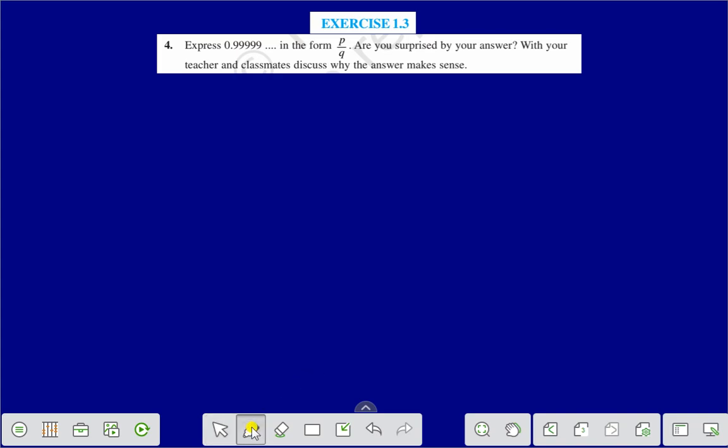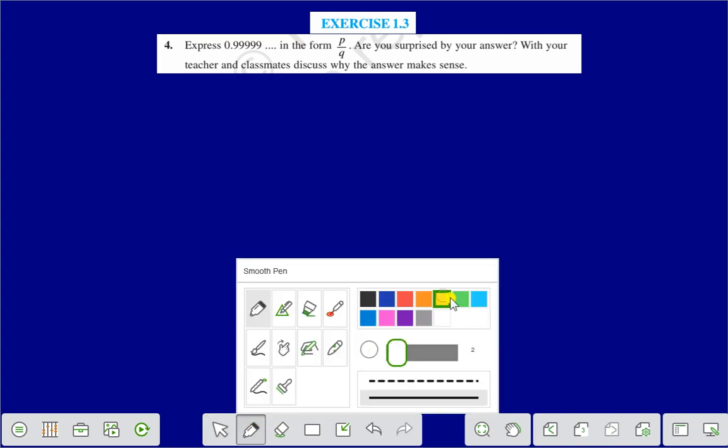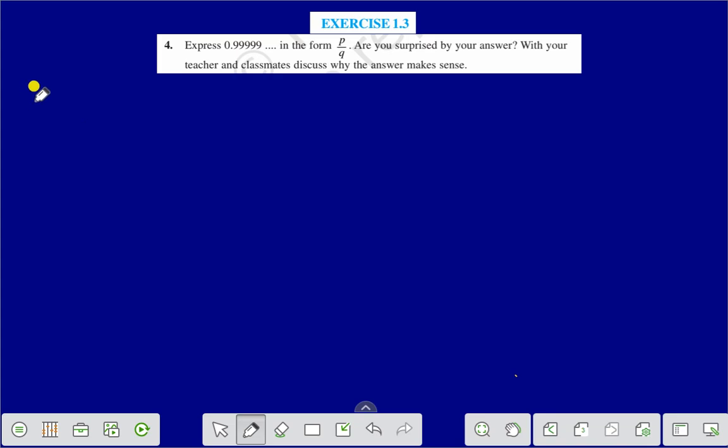Let us find the value of this one. Here it is given that the value is 0.9999999, which means the 9 is repeating, right?